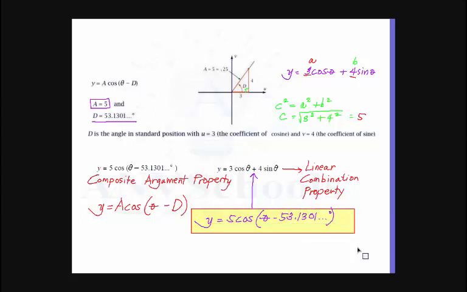But how did we get 53.1301? Now that remains a mystery.